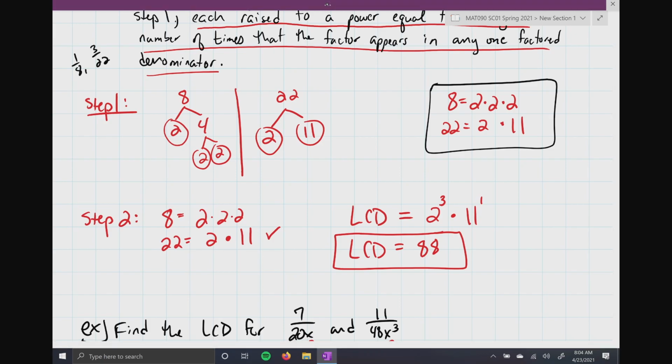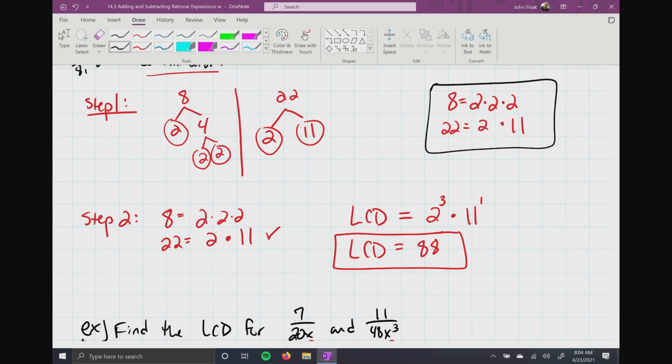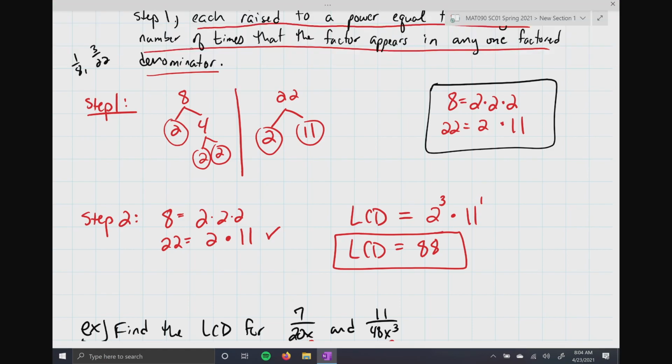And our LCD is going to be the product of unique factors. The unique factors are 2 and 11, and the 2 appears 3 times in the number 8. The 11 appears once in the factorization of 22. So the LCD is just going to equal 2 to the third times 11, or just 88.